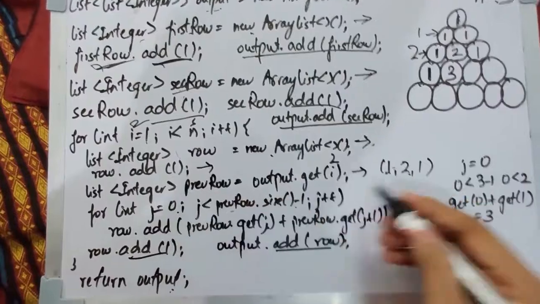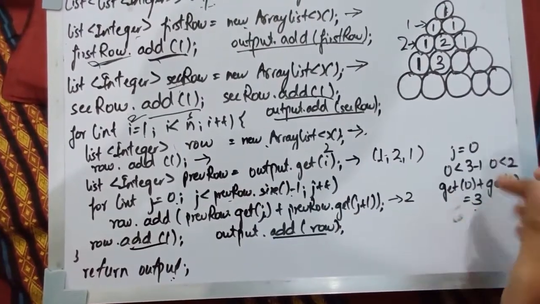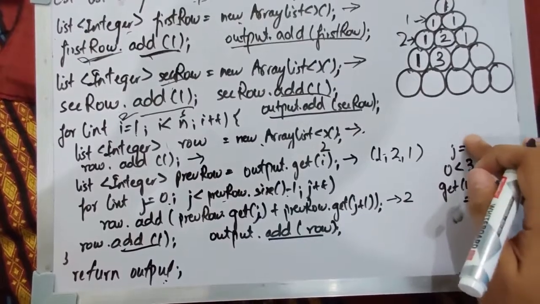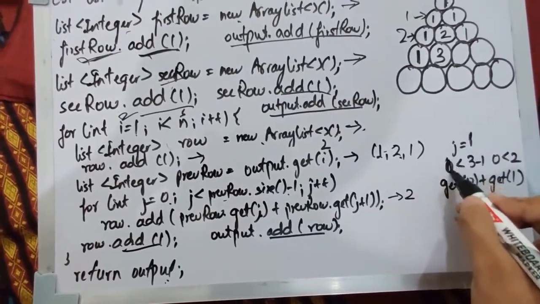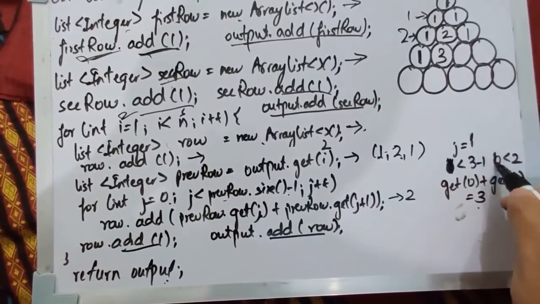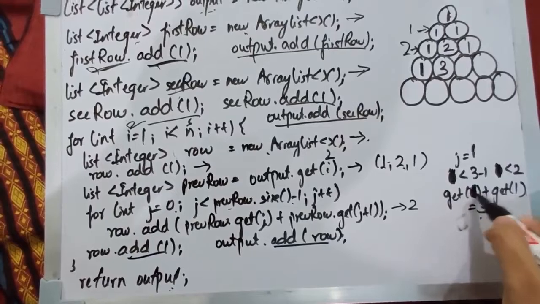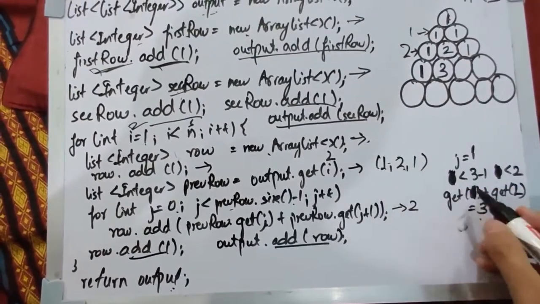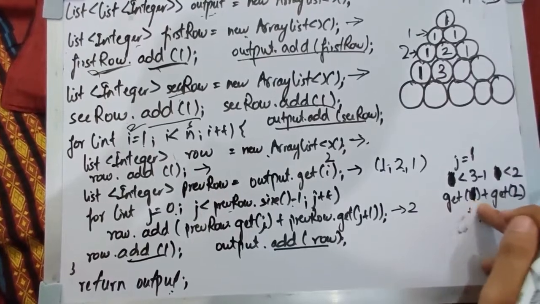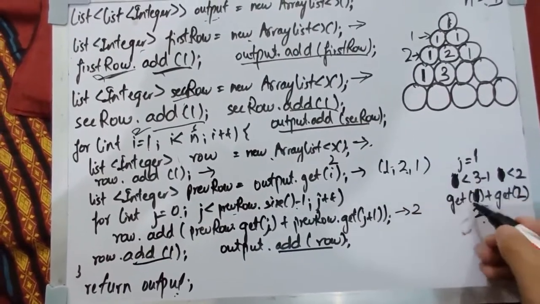So now j equals 1. Now 1 is less than 2 again, so it will fetch get 1 and get 2. So 0, 1 is 2, and 0, 1, 2 is 1.